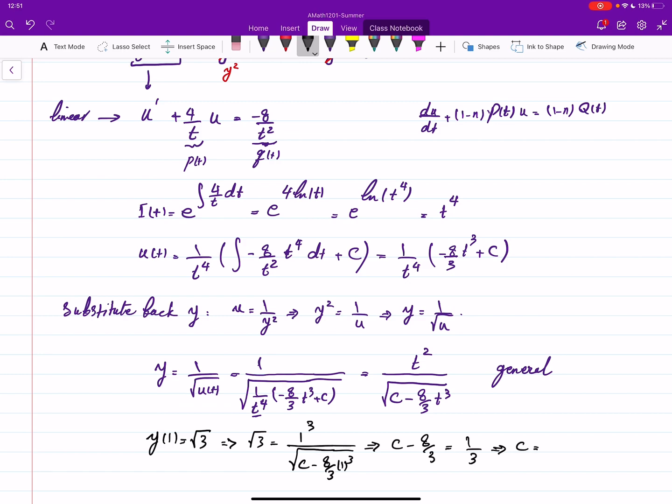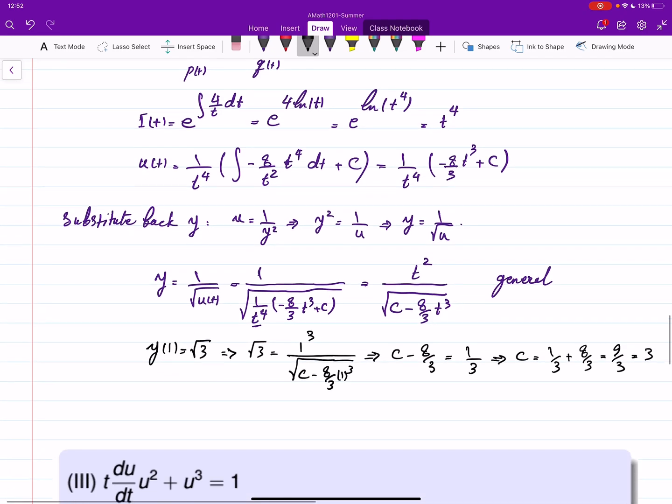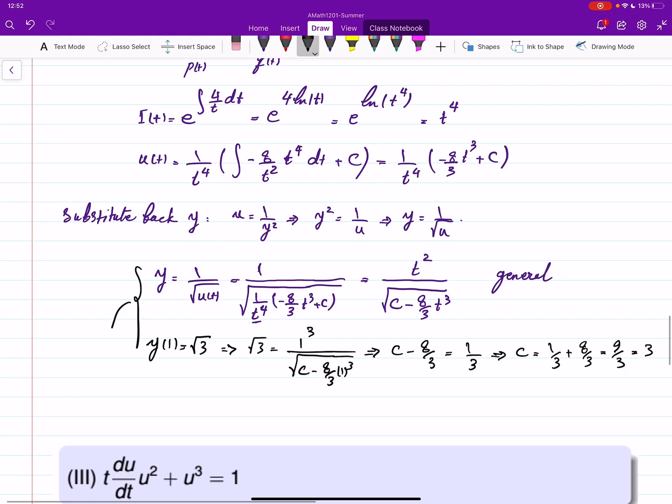From there, c is equal to 1 over 3 plus 8 over 3, which is 9 over 3, and that gives me just 3. So applying those, I turn this into the final solution for y, which is t squared over root of 3 minus 8 over 3t to the power 3.